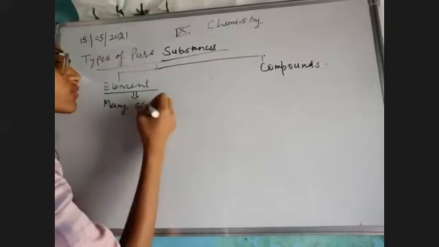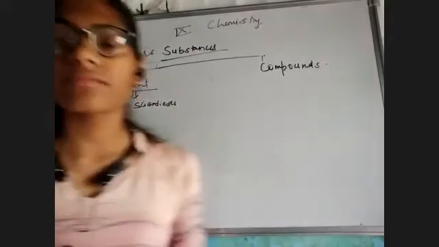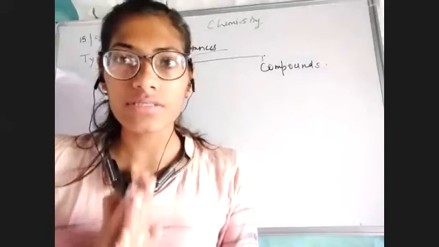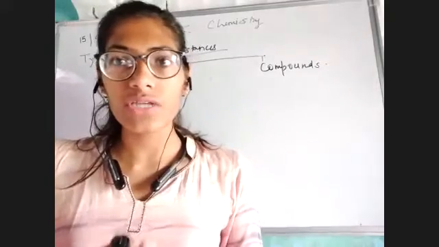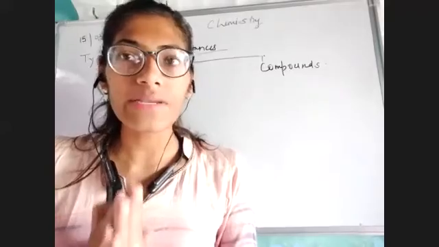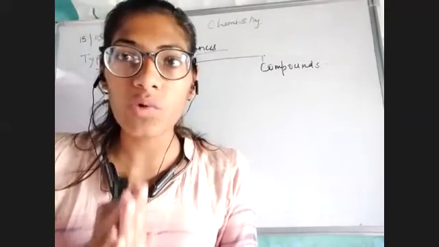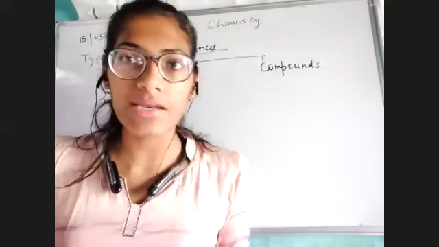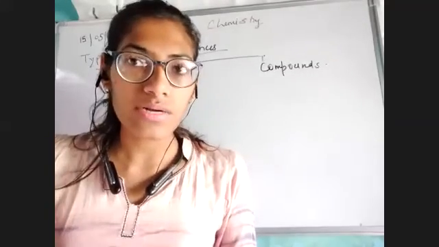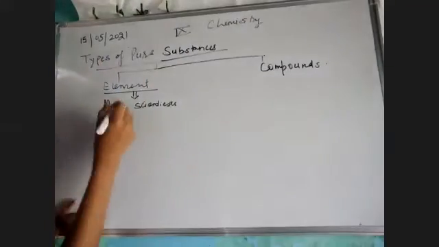Many scientists tried to define the element, but finally a French chemist gave us a fulfilled definition of element, and he defined that element may be defined as something which is the smallest or the purest form of matter.